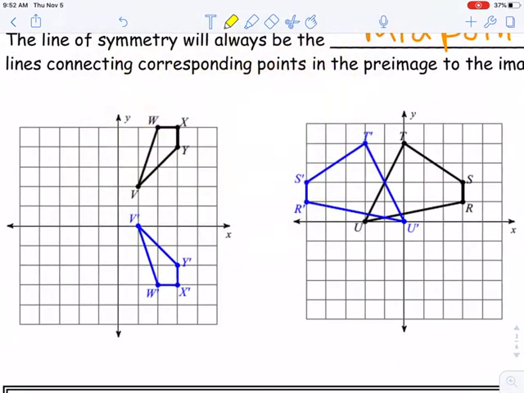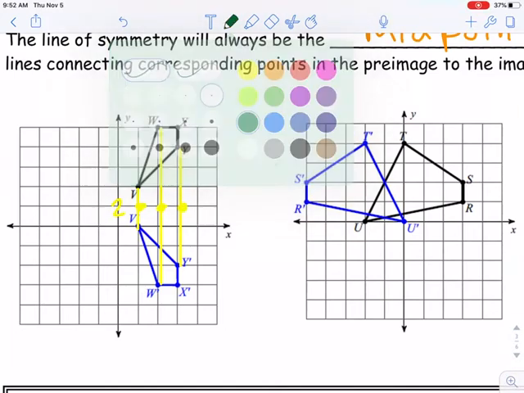If I just connect all the lines, V to V prime, W to W prime, and we won't have to do all of them, but notice how this has a length of 2, so we're going to cut it in half. This has a length of 8, so I'm going to cut it in half to 4. This has a length of 6, so I'm going to cut it in half.